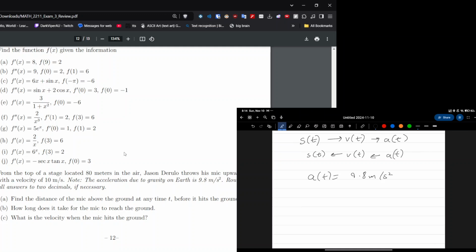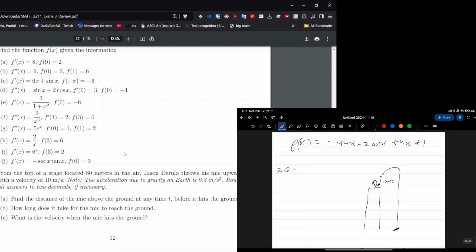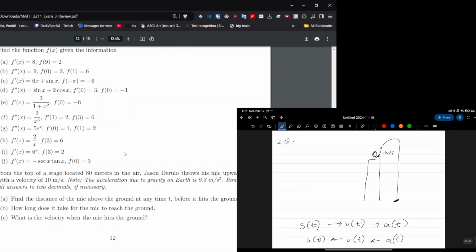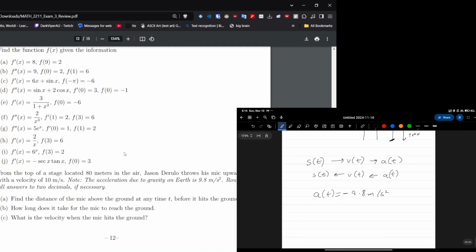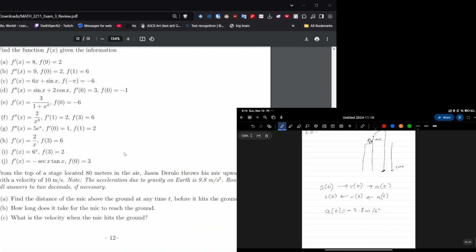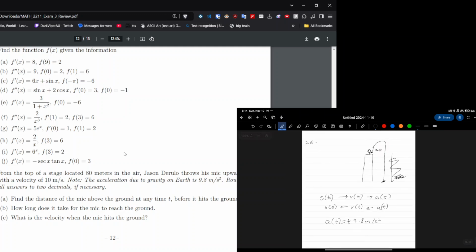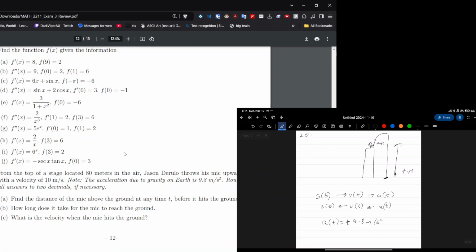It totally depends on the system we are taking. Let's take this as our positive axis, so it's 9.8 meters per second squared.